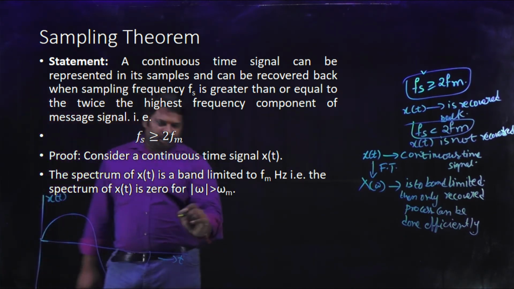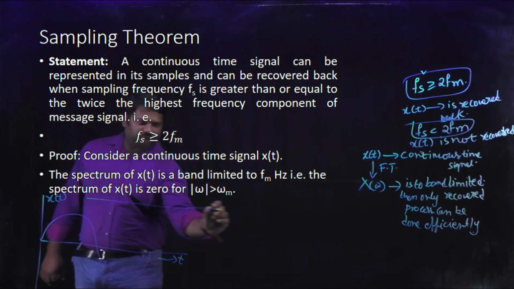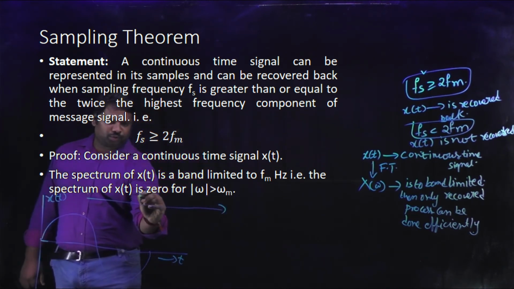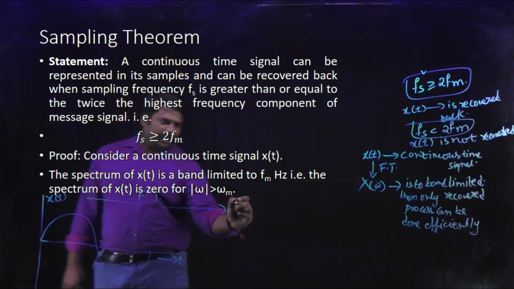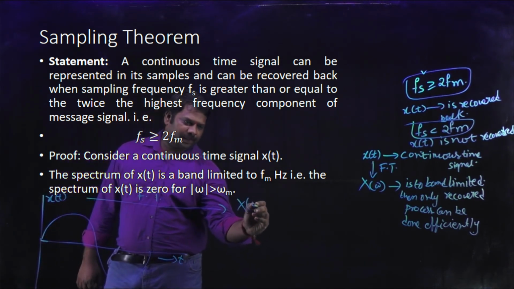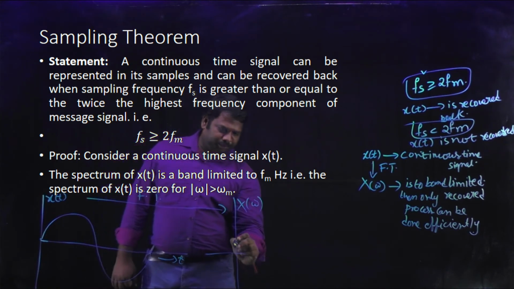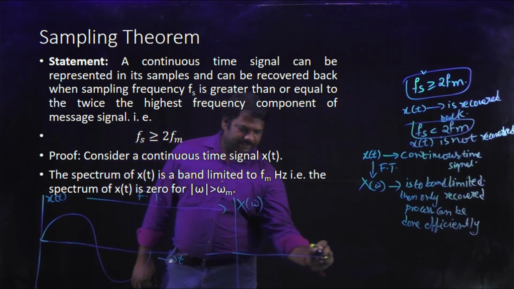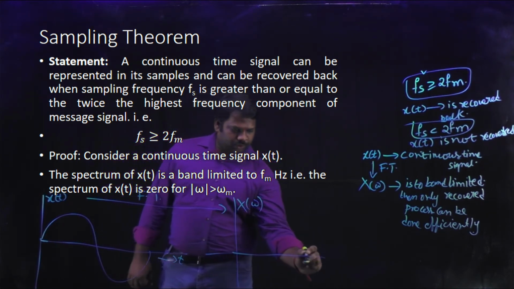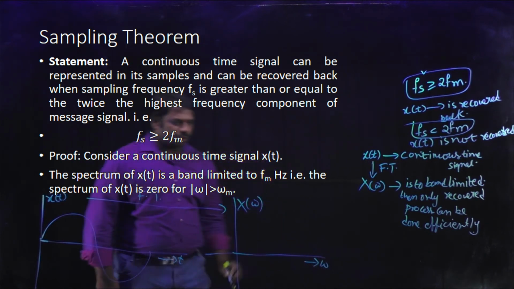Now the Fourier transform of this particular one is x of omega, which is represented with respect to omega.